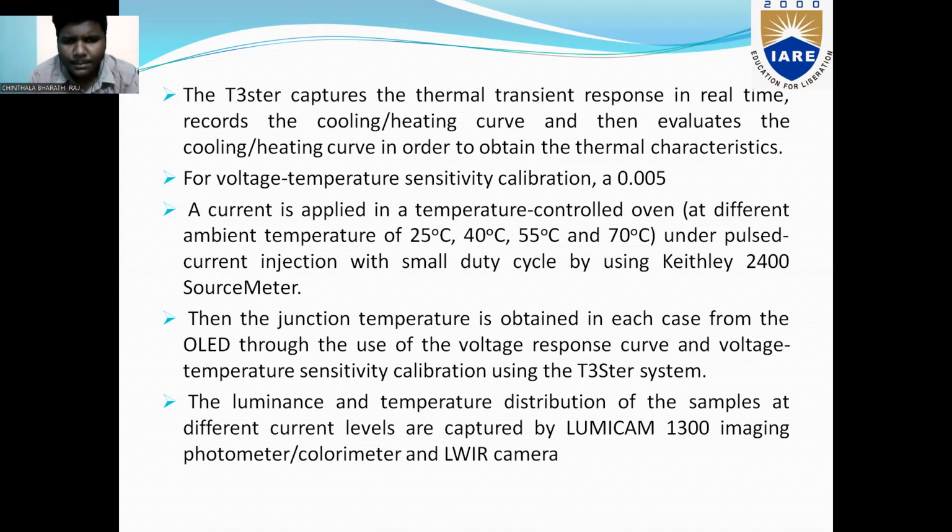Then the junction temperature is obtained in each case for the OLED through the use of the voltage response curve and the voltage temperature sensitivity calibration using the T3Ster system. The luminance and temperature distribution of the sample at different current levels are captured by a LumiCam 1300 imaging photometer or colorimeter and an LWIR camera.